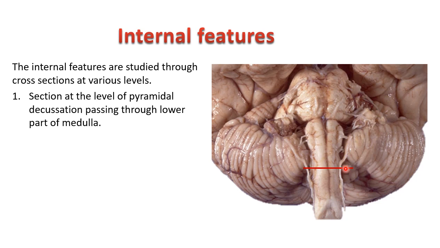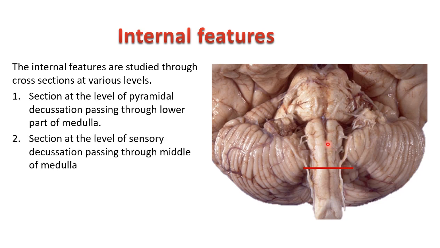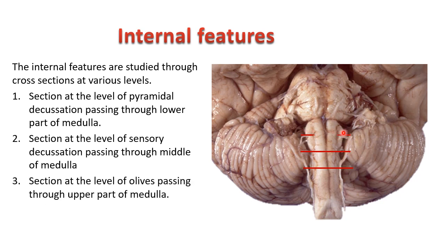Then, a little higher, you take a section through the upper middle part, where one more decussation takes place, that is the sensory decussation. Then, in the upper part of the medulla, you take a section that passes through the olives. So the medulla is sectioned at three levels to understand the internal features.